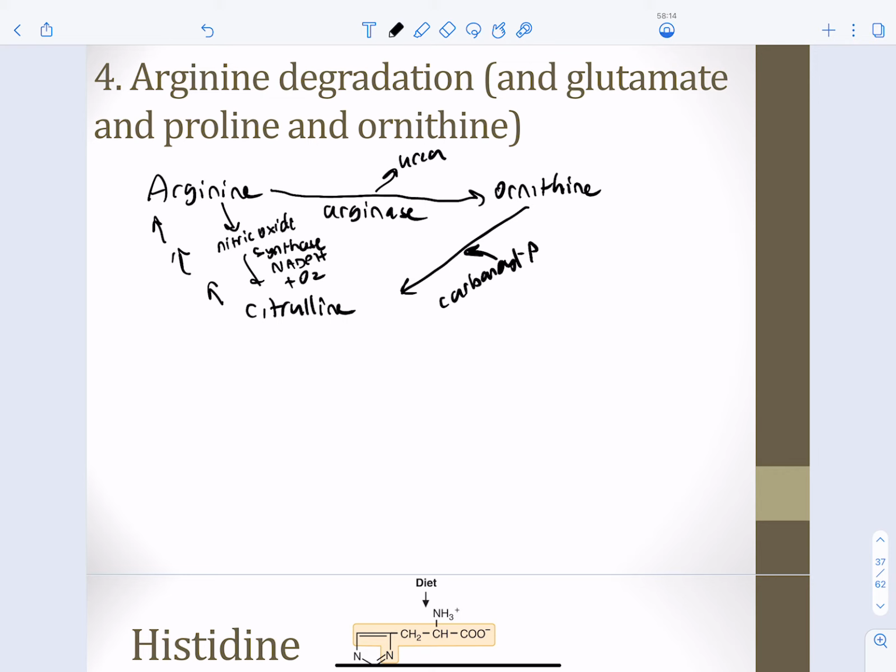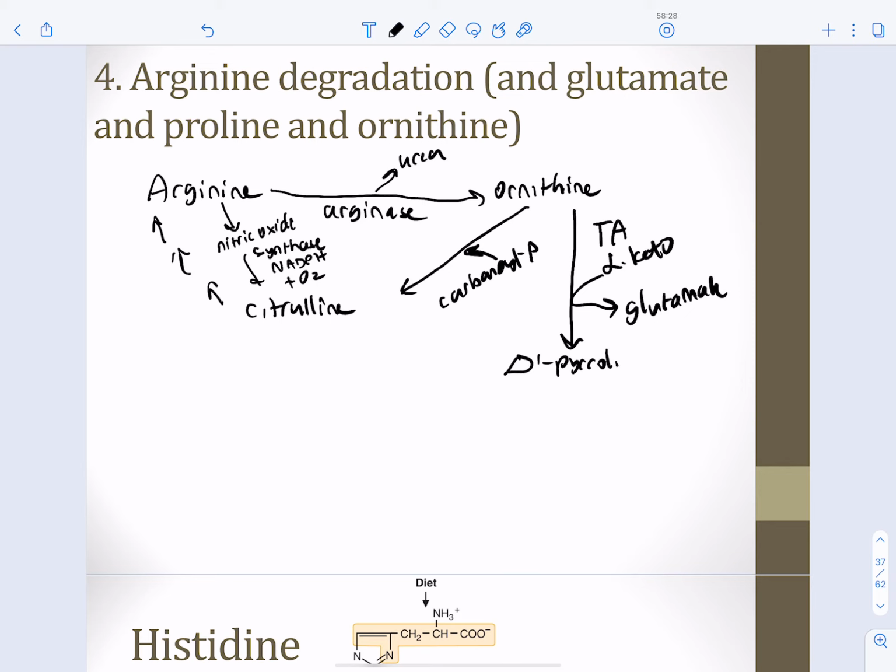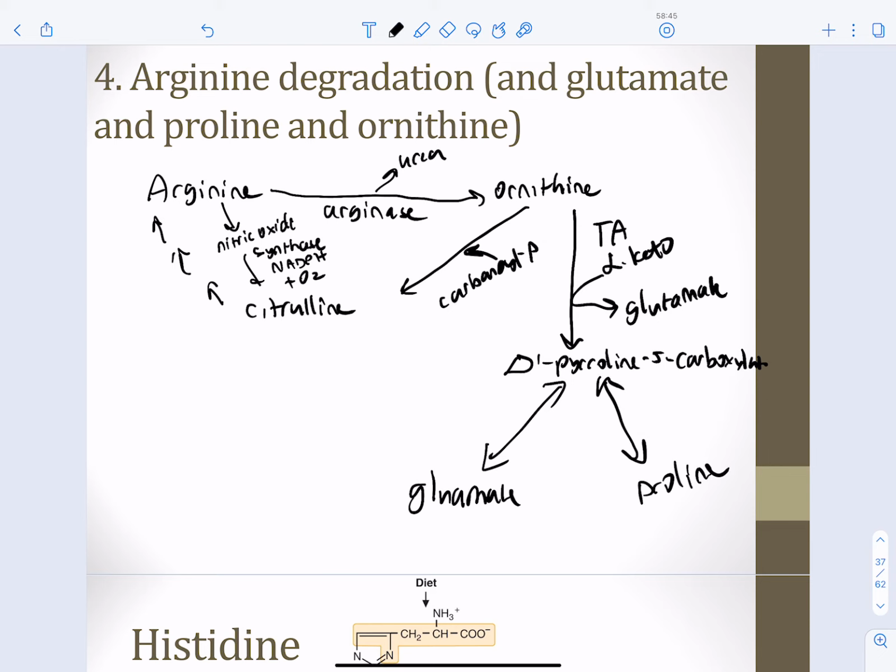And then, of course, ornithine through transamination becomes that delta 1 pyrroline 5 carboxylate. And this can, of course, go back and forth. We can have glutamate, and we can have proline. Okay, so just depending on what the cell needs, all of these amino acids can go in all of these different directions. Of course, transamination reactions can go in reverse as well.